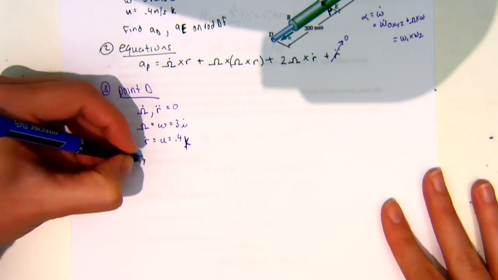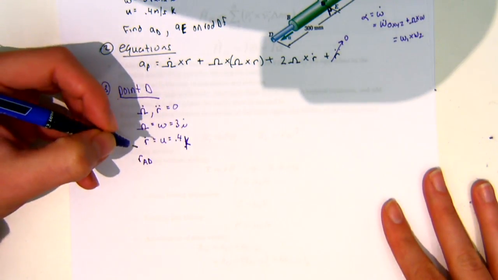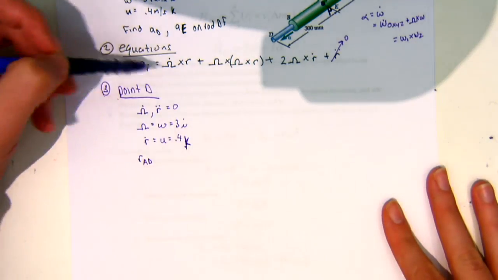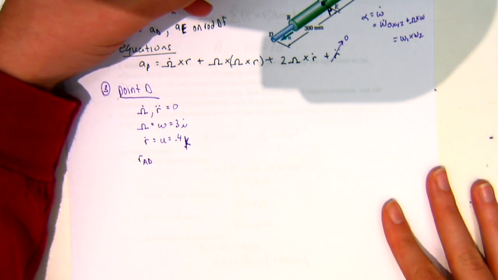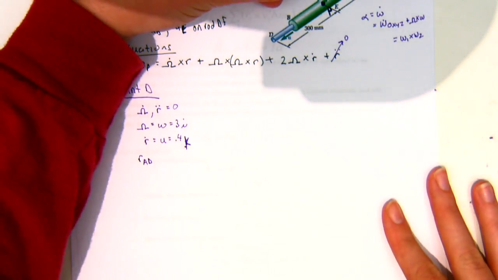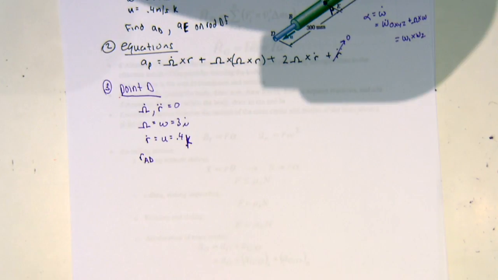So next we need r of A relative to point D, or whatever you want to call it. Essentially, we go from the point that it's rotating about to the point that we're interested in for the acceleration.